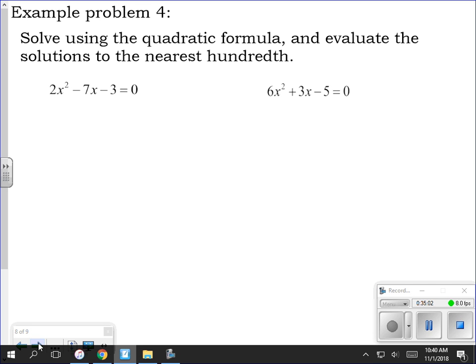So basically what you do is you use your calculator to take the square root to 2 decimal places. You will still have 2 answers because you will have minus b plus the square root and minus b minus the square root, divided by whatever 2a is. It will be 2 decimal answers.